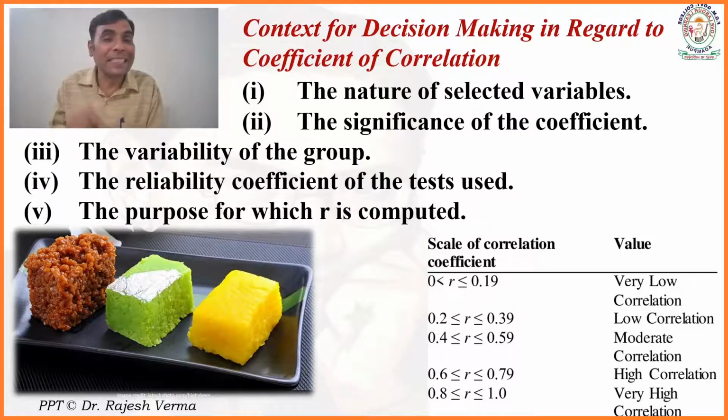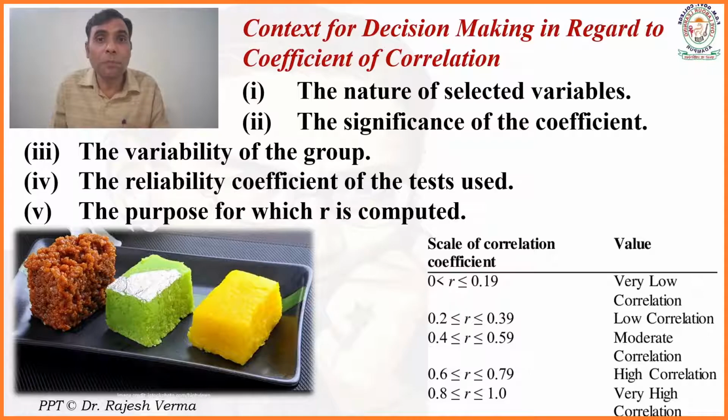First, the nature of the selected variables must be considered while taking a decision based upon the coefficient of correlation. Then the significance of the coefficient: whether the coefficient of correlation we have calculated is significant or not, and only then are we going to make a decision based upon it.